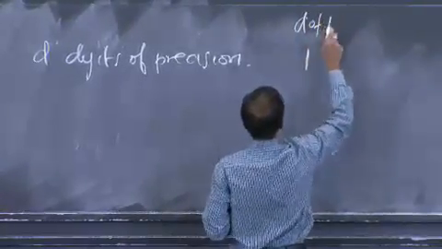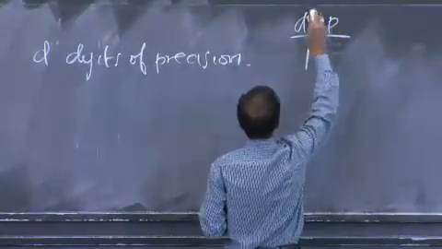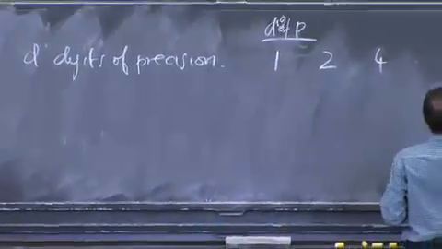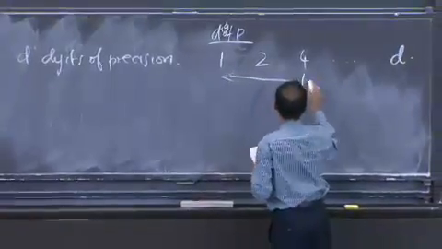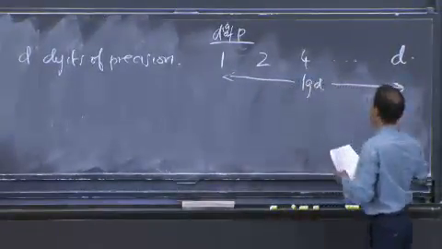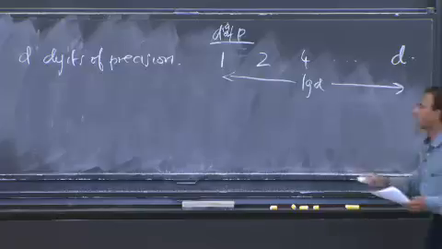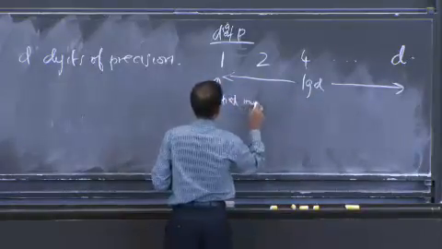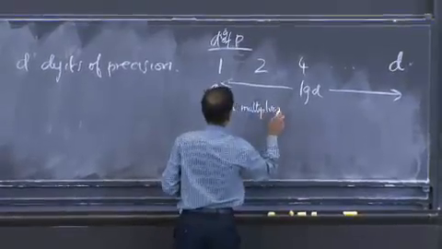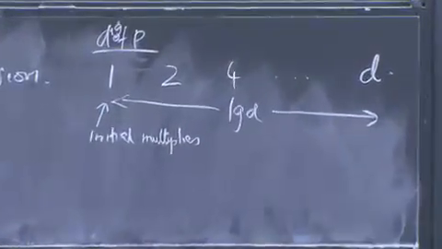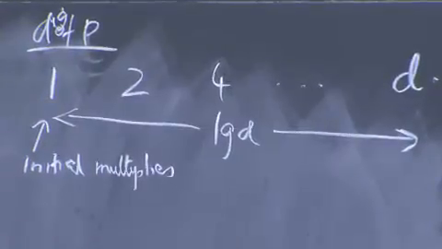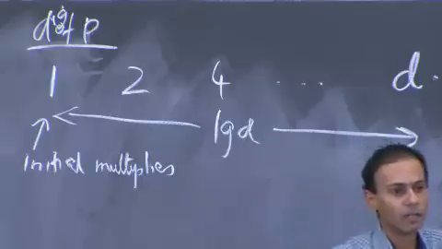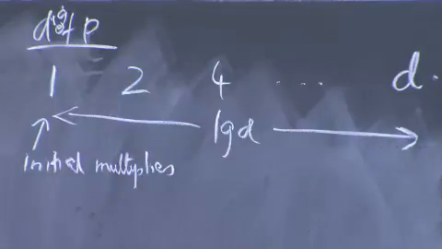So this is the digits of precision, where I start with 1, 2, 4, and I end up with d. And our claim was that this was log d iterations. So the initial multiplies are easy. Initially you're doing constant work if you have really small numbers associated with these multiplies. It's only towards the end that you end up doing a lot more work.